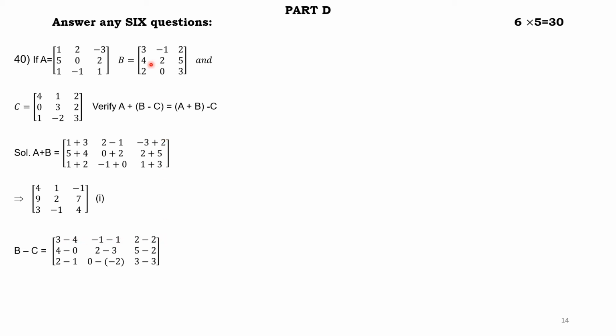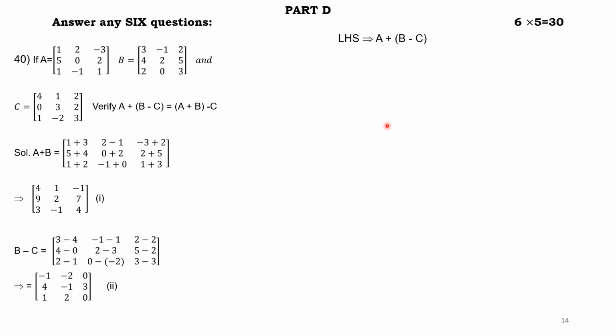In the second row we get 4 minus 0, 2 minus 3, 5 minus 2. And in the third row we get 2 minus 1, 0 minus of minus 2 is plus 2, and 3 minus 3. So that gets simplified as matrix minus 1, minus 2, 0, 4, minus 1, 3, 1, 2 and 0. Let it be equation 2.